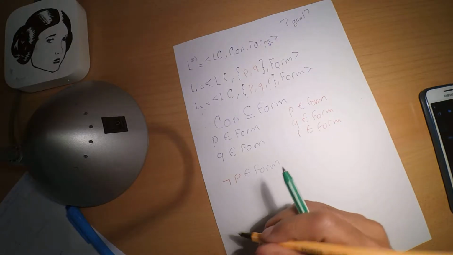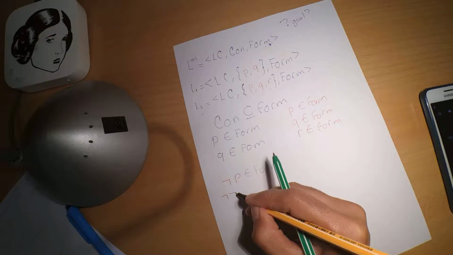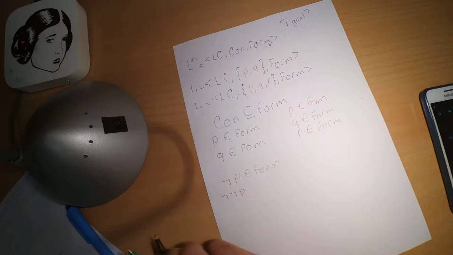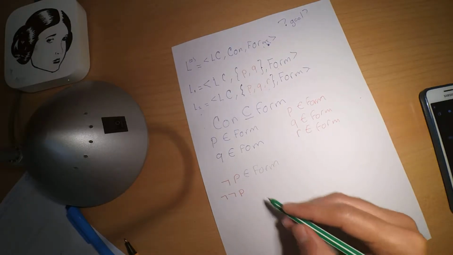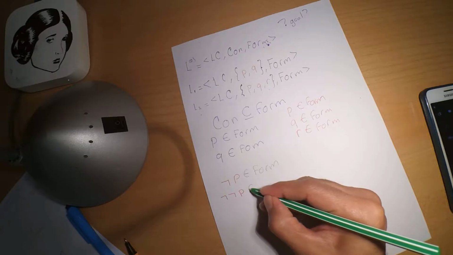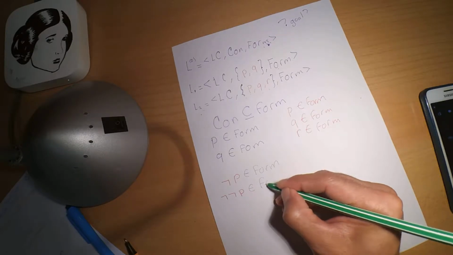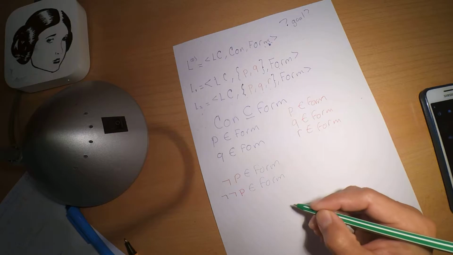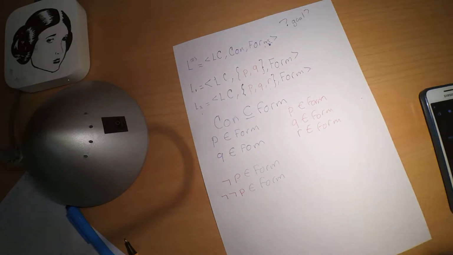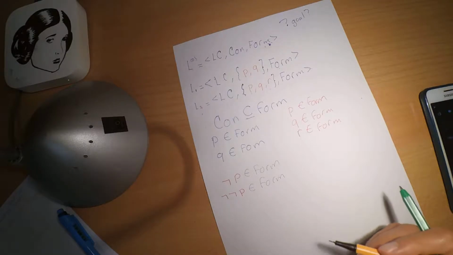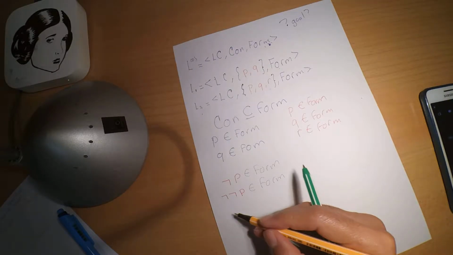As well, negation P continues to belong to the form set. Let's put a really strange situation.